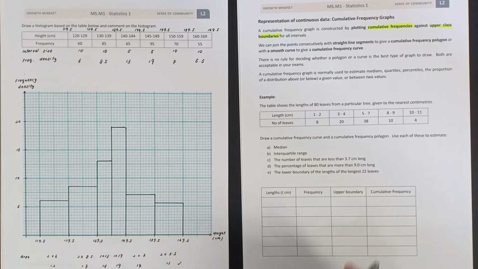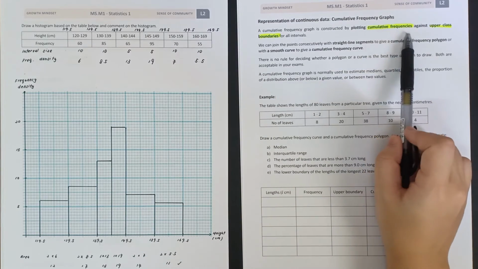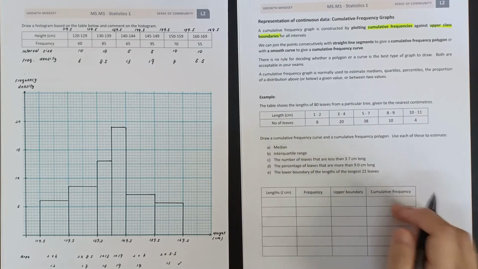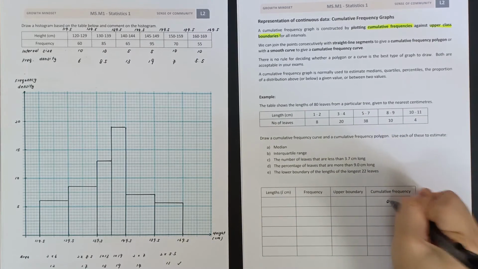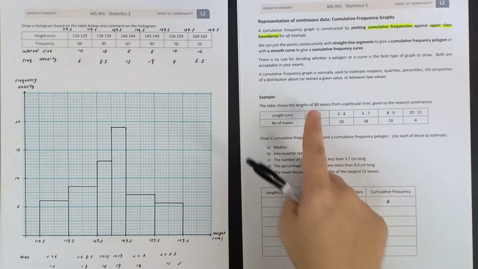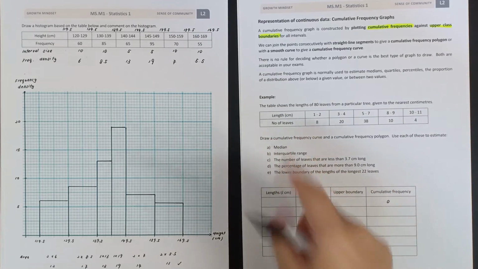So for this one, what do you need? You need to find your cumulative frequency and your upper boundary first. Before that, you must remember your cumulative frequency must always start from 0 when you draw a cumulative frequency graph. That's why for the first upper boundary, the first line, we leave it blank first, because you don't have anything that actually contributes a cumulative frequency of 0.